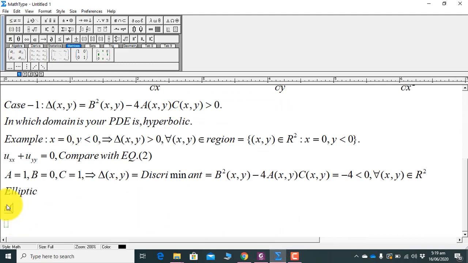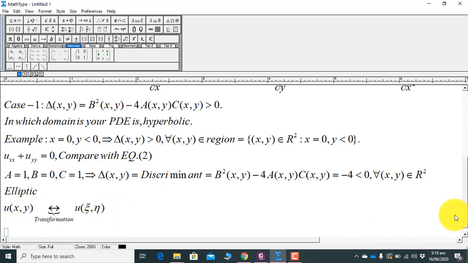So previously it was u of x, y, but now after the transformation this will become u of xi, eta. So this will be the main target, and that linkage or that methodology will be called a transformation, which is revertible.